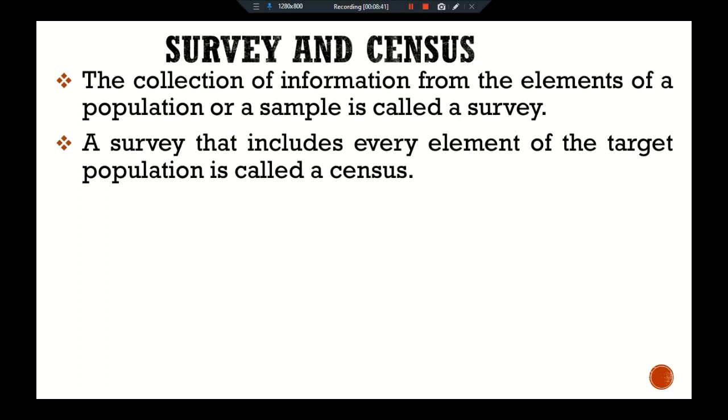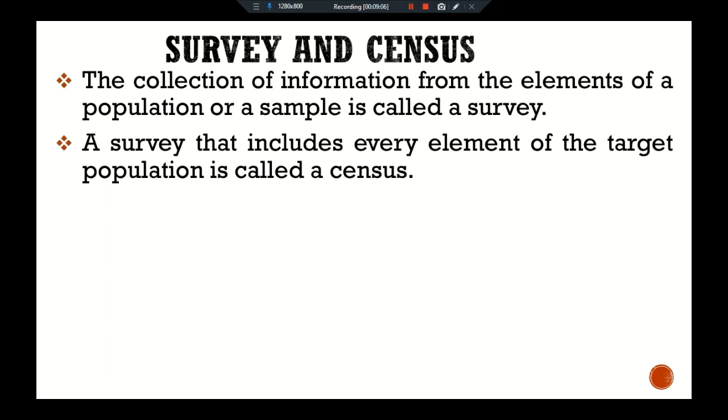Often the target population is very large. Hence, in practice, a census is rarely taken because it is expensive at an individual level, and moreover, it is time consuming. In many cases, it is even impossible to identify each element of the target population.